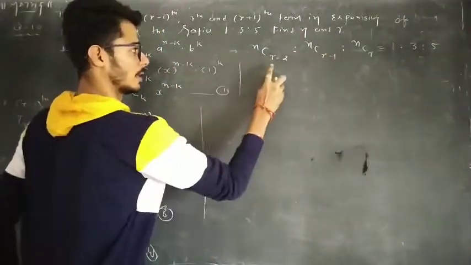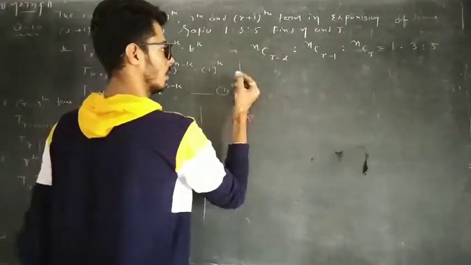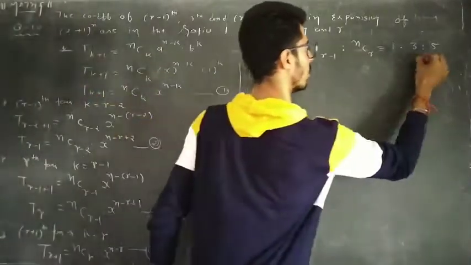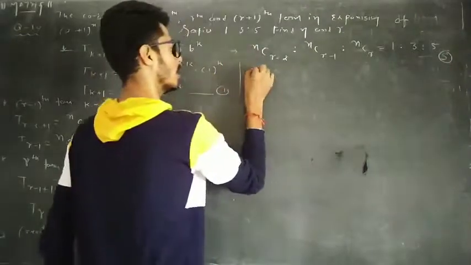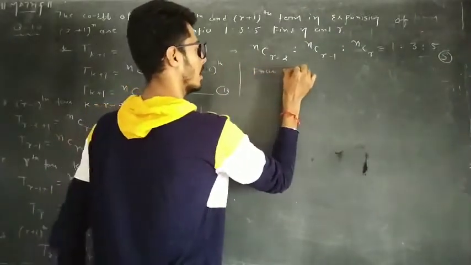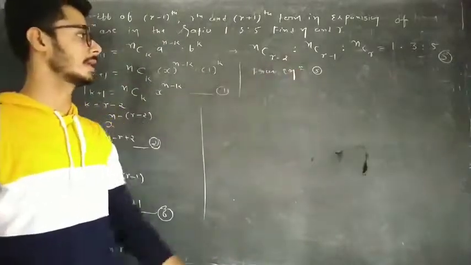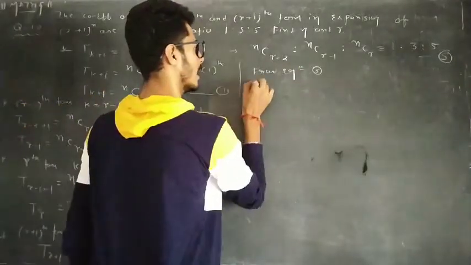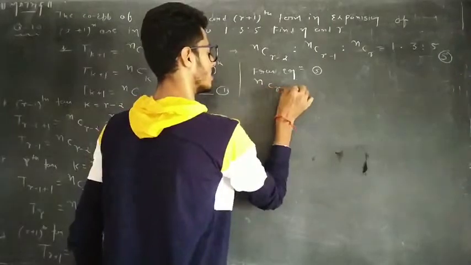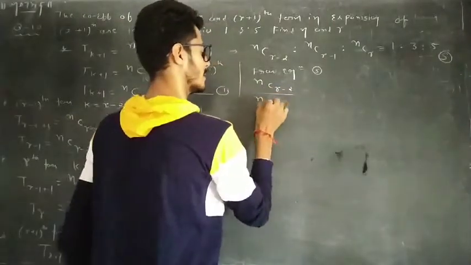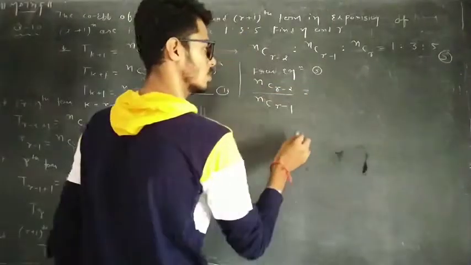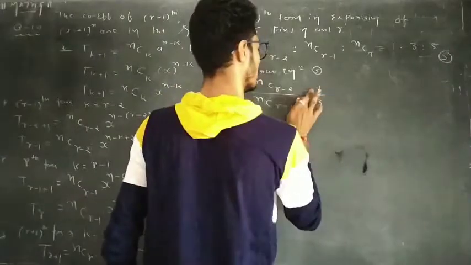So let us take the first and second. We call this equation 5. From equation 5, taking the ratio of first and second, nC(r minus 2) upon nC(r minus 1) is equal to 1:3.